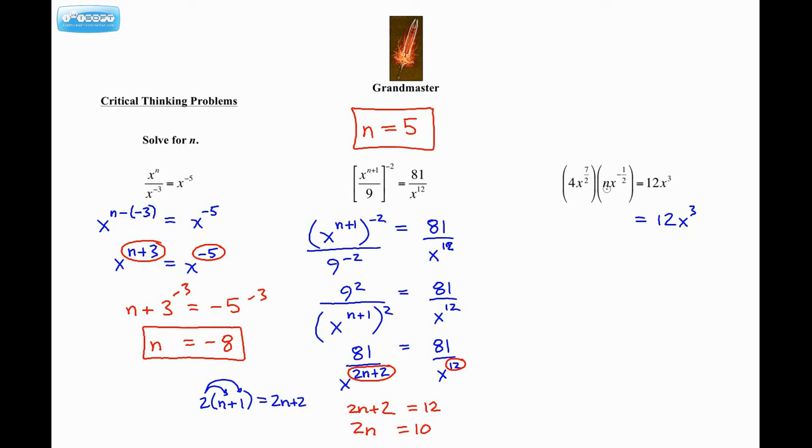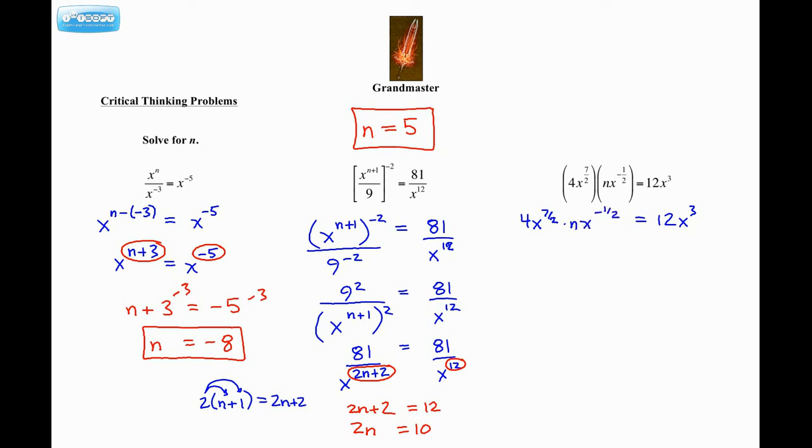So this is just straight multiplication. This is 4 times x to the 7/2 times n times x to the negative 1/2, and so on. So I'm going to write it like this. 4x to the 7/2 times n x to the negative 1/2.